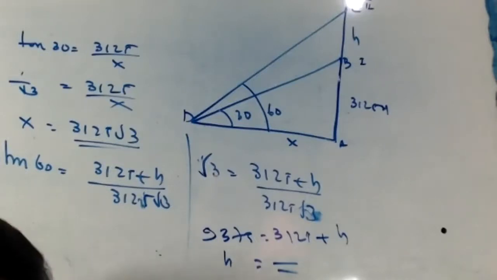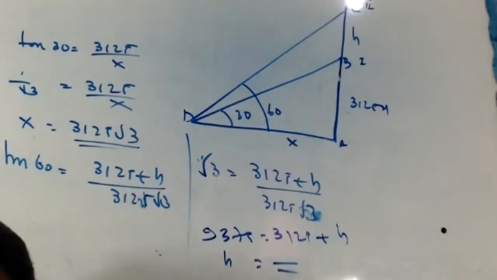Full stop. From a point between them on the road, the angle of elevation of the top of the poles are 60 degree and 30 degree.